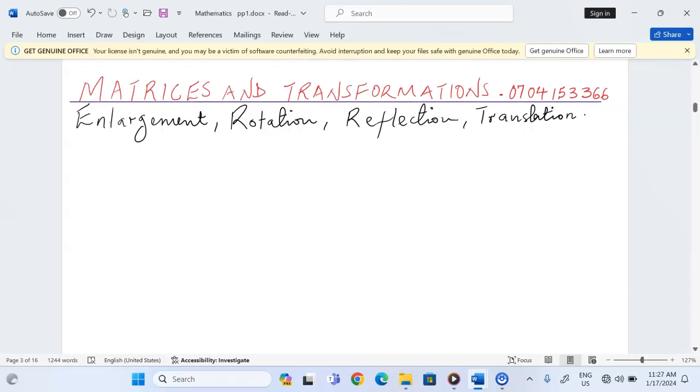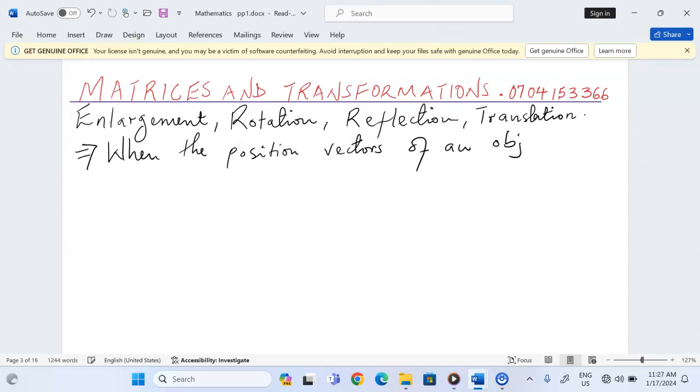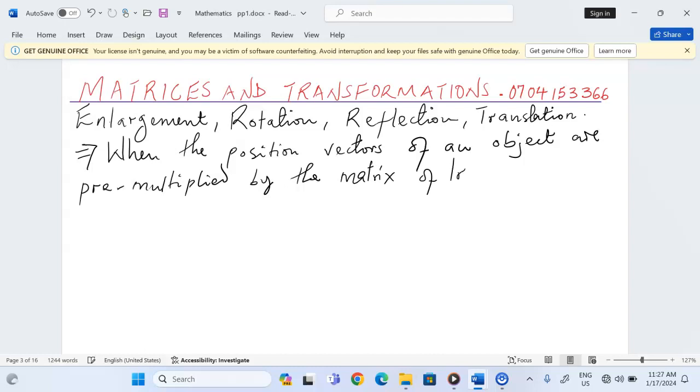Therefore, it's good to know that when the position vectors of an object are premultiplied by the matrix of transformation, an image is obtained.